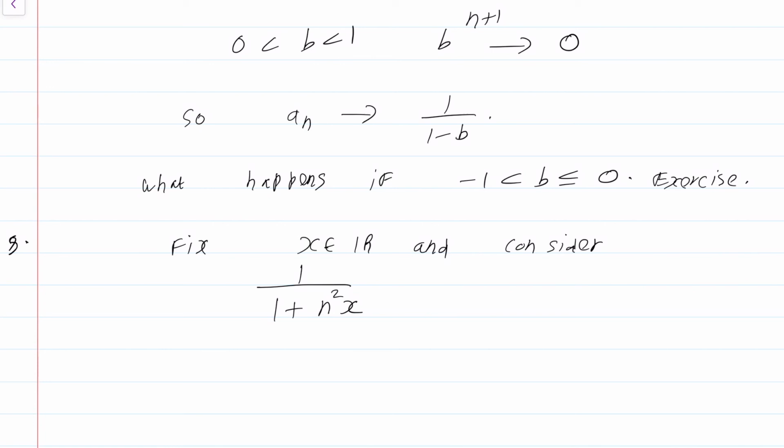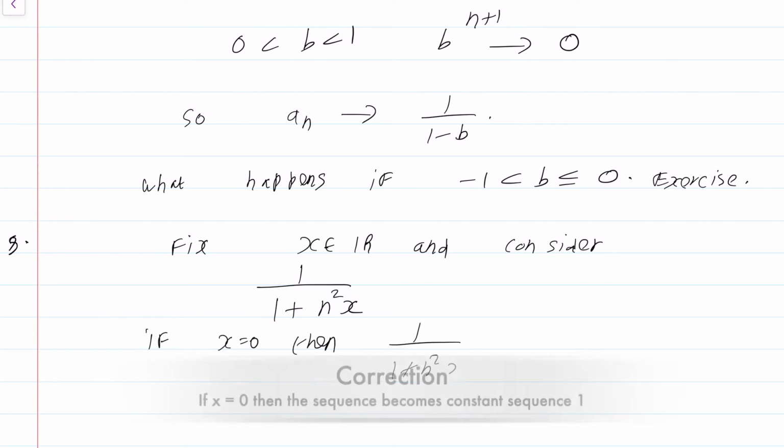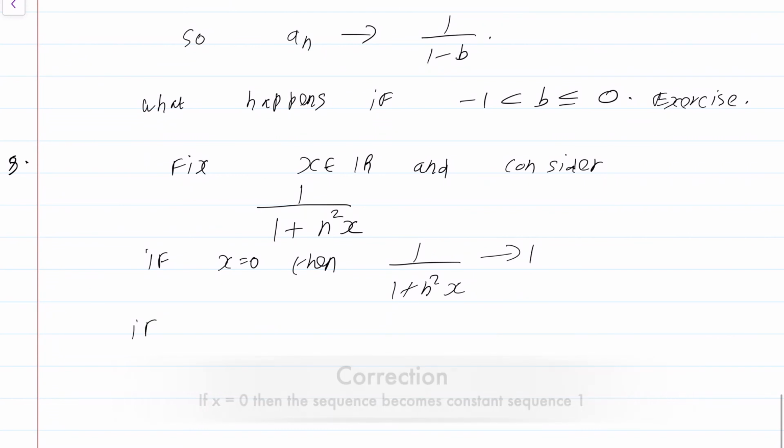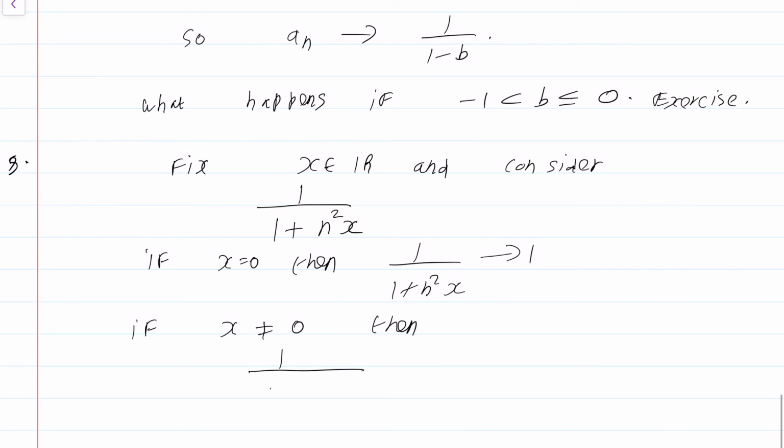What do I do with this? We want to show that if x is 0, then 1/(1 + n^2 x) converges to 1. There is nothing to show because this will just become 1. Now, if x is not 0, then 1/(1 + n^2 x) converges to, as you can guess, 0.